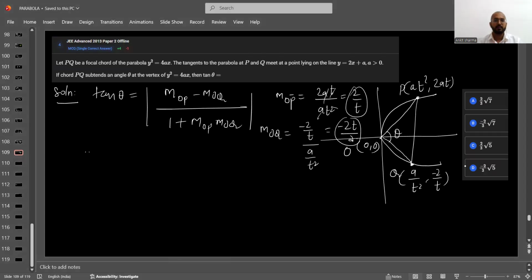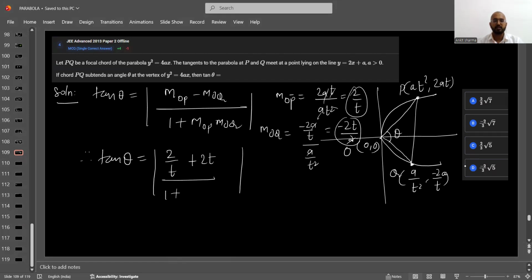Therefore, tan theta is equal to, let's plug in all the values. m_OP is 2/t, minus m_OQ, which is −2t, so it turns out to be plus 2t.